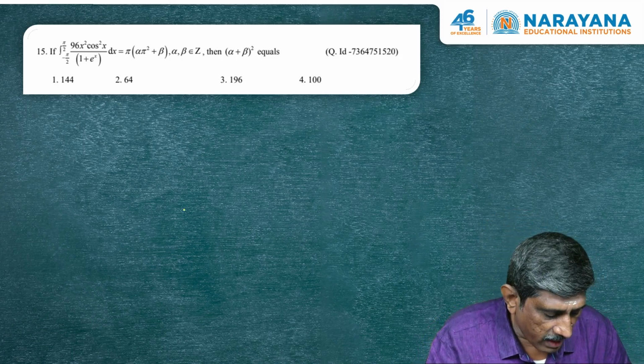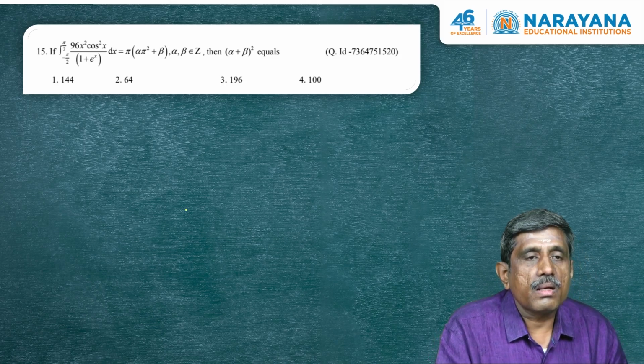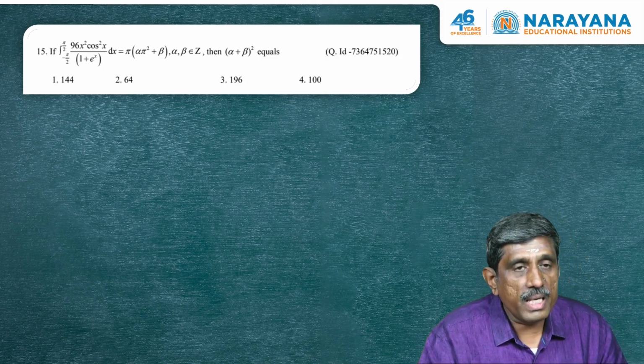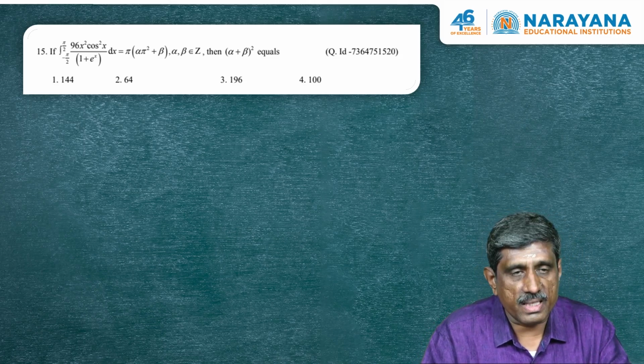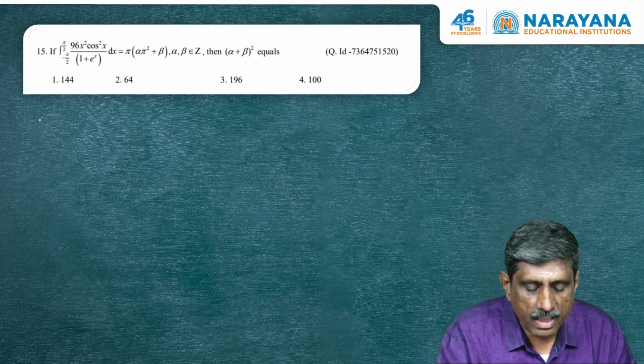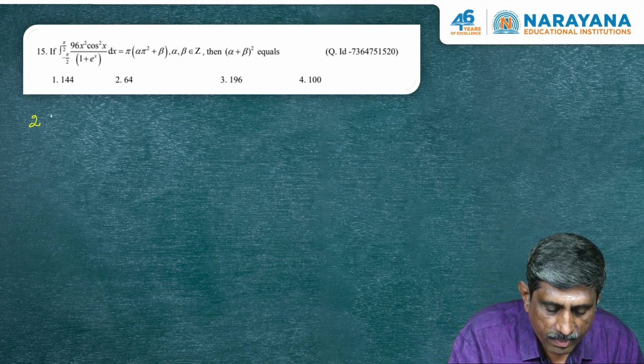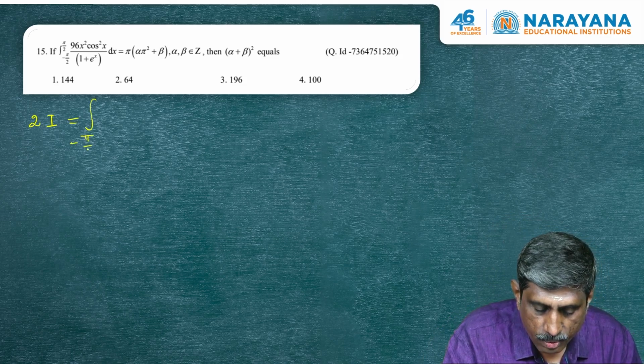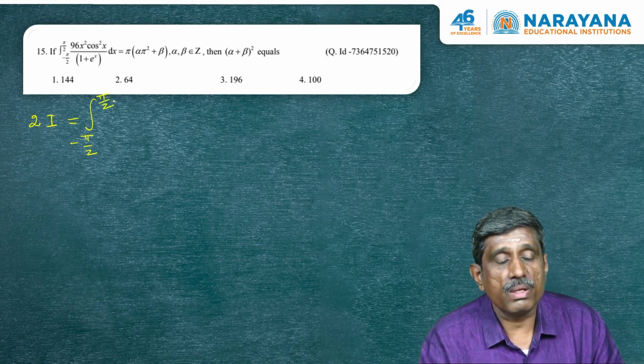Let us do directly. Let us apply the King's rule, meaning when we replace x with a plus b minus x, which is minus x here, and I will directly write 2I is equal to the integral from minus pi by 2 to pi by 2. I am going to add directly without wasting time.